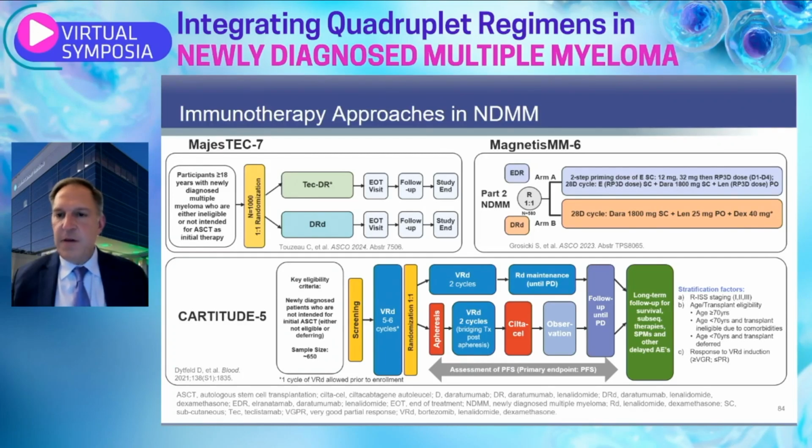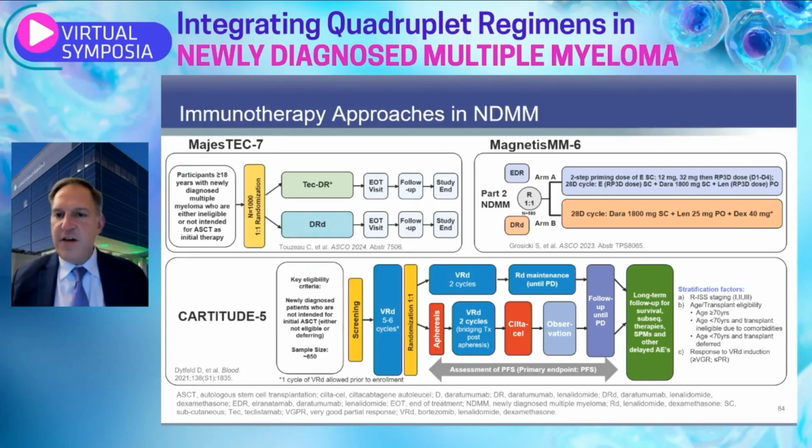standard treatment. So MajesTEC-7 is a study that will actually evaluate Dara-Len-Dex versus teclistamab, the BCMA bispecific antibody, with Dara-Len, and there's actually going to be a talquetamab Dara-Len arm in that study as well. So it's a 3-arm trial. MagnetisMM-6 is looking at the BCMA bispecific elranatamab in combination with daratumumab and lenalidomide against Dara-Len-Dex again.